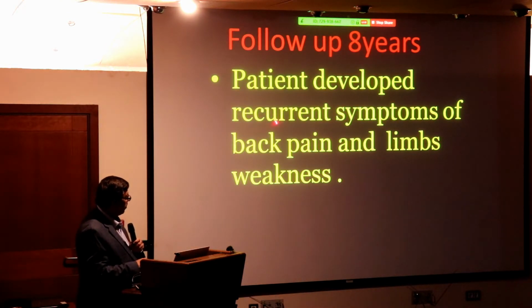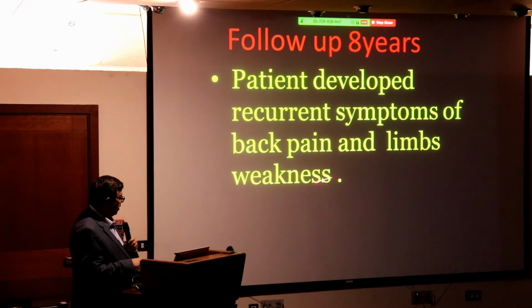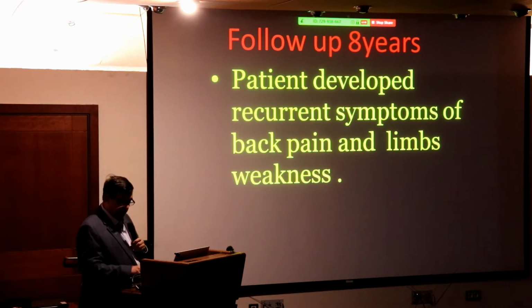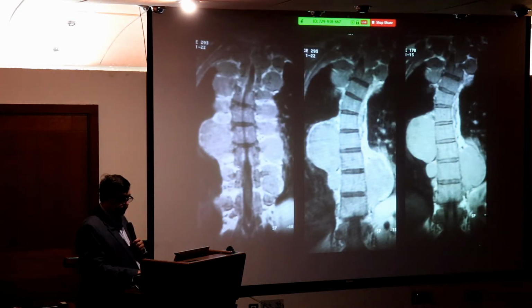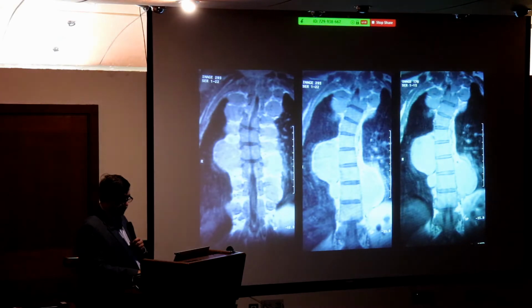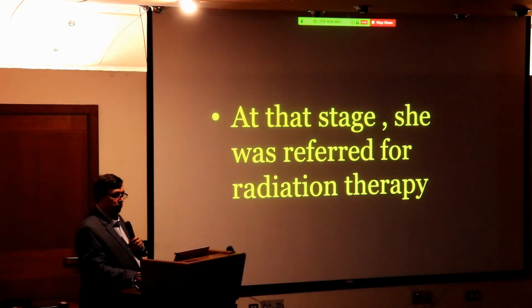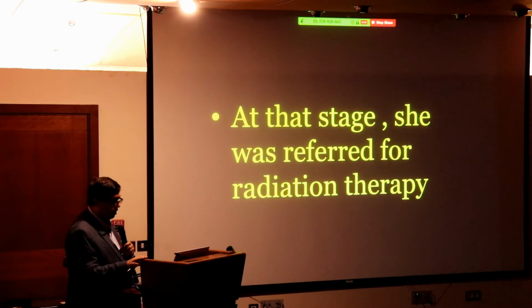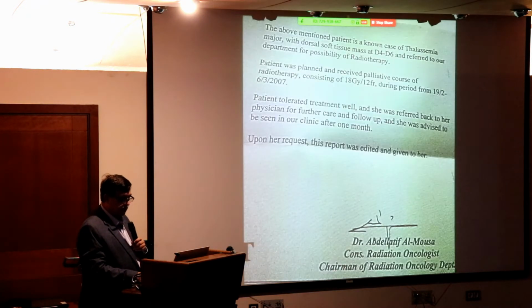At that time, she developed recurrent symptoms of cord compression: back pain, limb weakness, but not in a severe way, no incontinence, the weakness was mild. And those are her pictures then. At that stage, because the cord compression was mild, we referred her for radiation therapy, which she had.